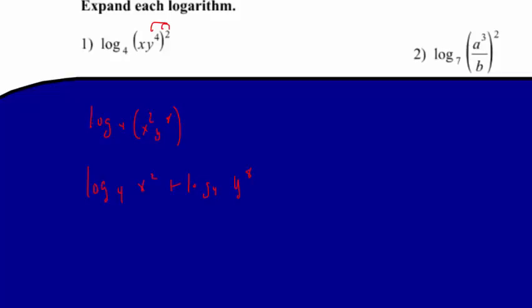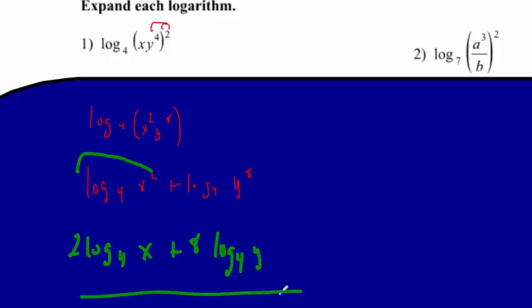And what do I know? I know the power rule tells me that anything as an exponent is just going to come out front. So this would end up being 2 log base 4 of x, and this is going to end up being 8 log base 4 of y. And that would be the answer to that one, fully expanded out.